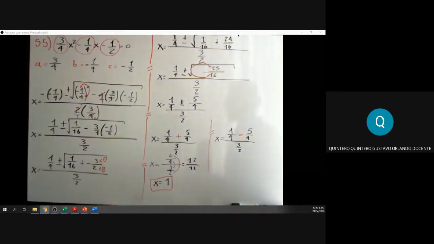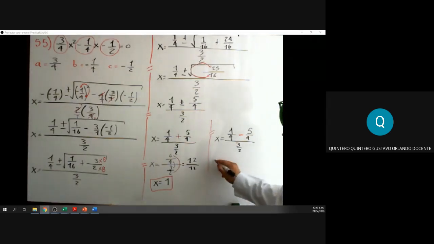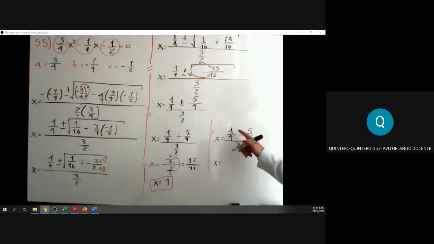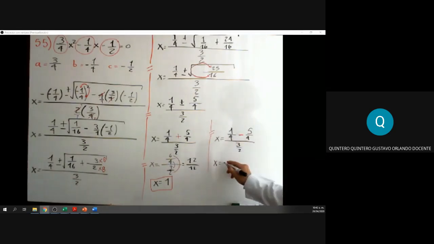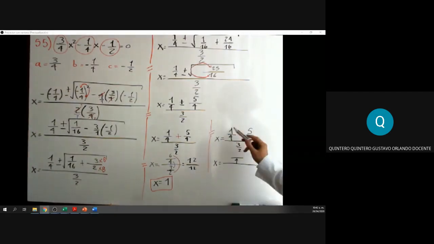And what would be the solution of the second one? All right, let's see. X will be 1/4 minus 5/4. So we have fourth in the denominator, and on top of it, because they are the same denominator, they are 4 on both, so 4. 1 minus 5 is -4. And down we have 3/2, right?